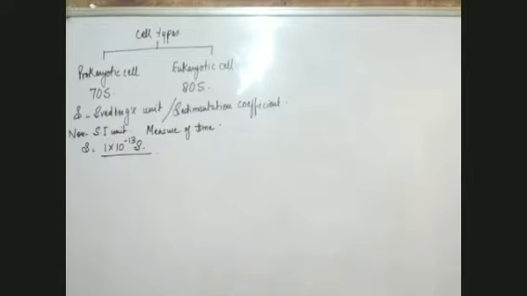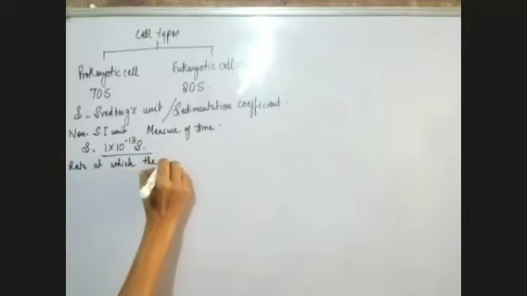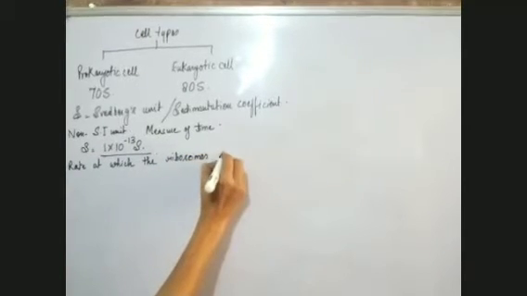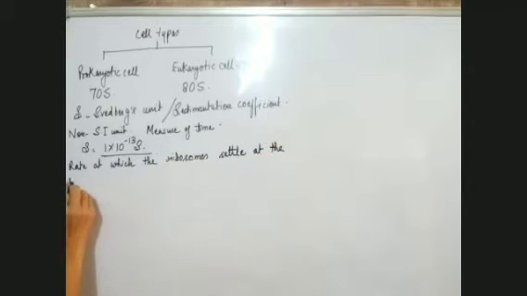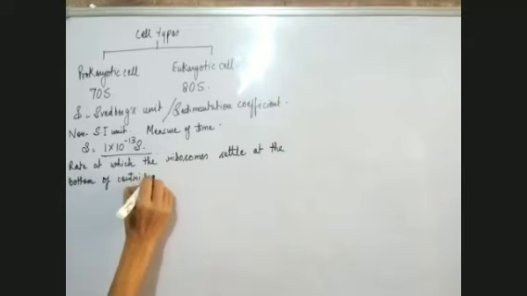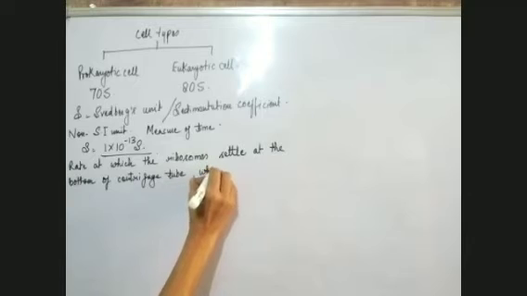Now what is this basically? This is the rate at which the ribosomes settle at the bottom of the centrifuge tube when centrifuged.